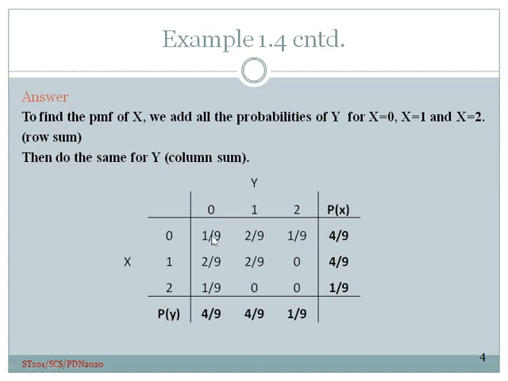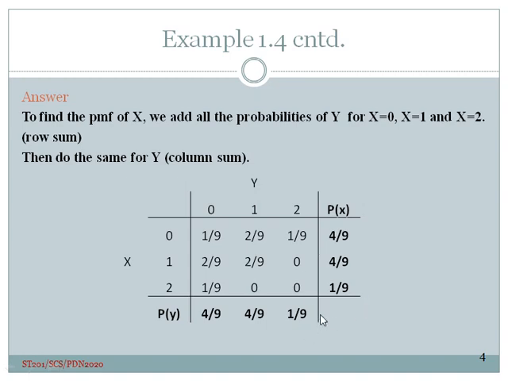That is 1 over 9 plus 2 over 9 plus 1 over 9. So when x equals 0, the probability of x is 4 over 9 by adding up all values of y. We do the same for x equals 1 and also for x equals 2. So the row sums of this table will give the marginal distribution of x.